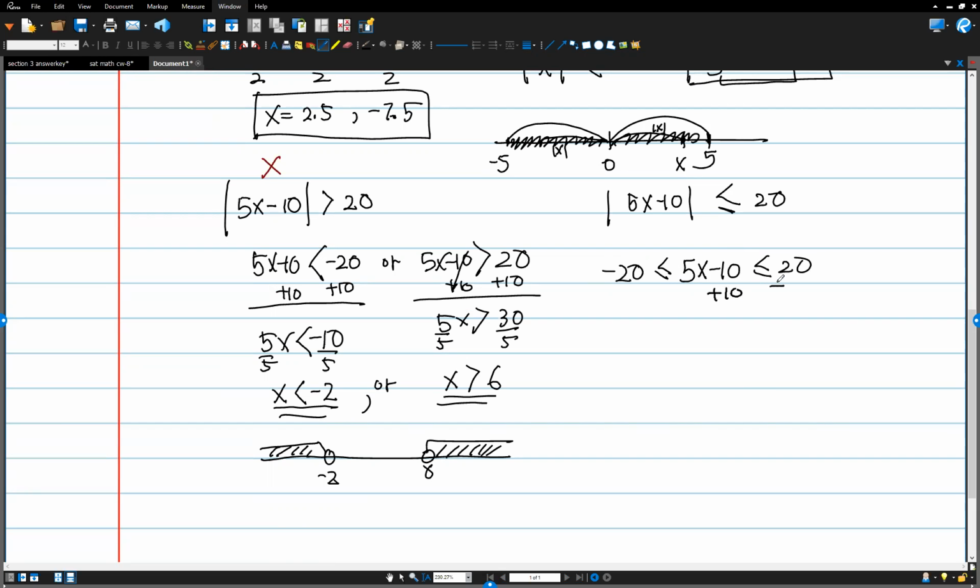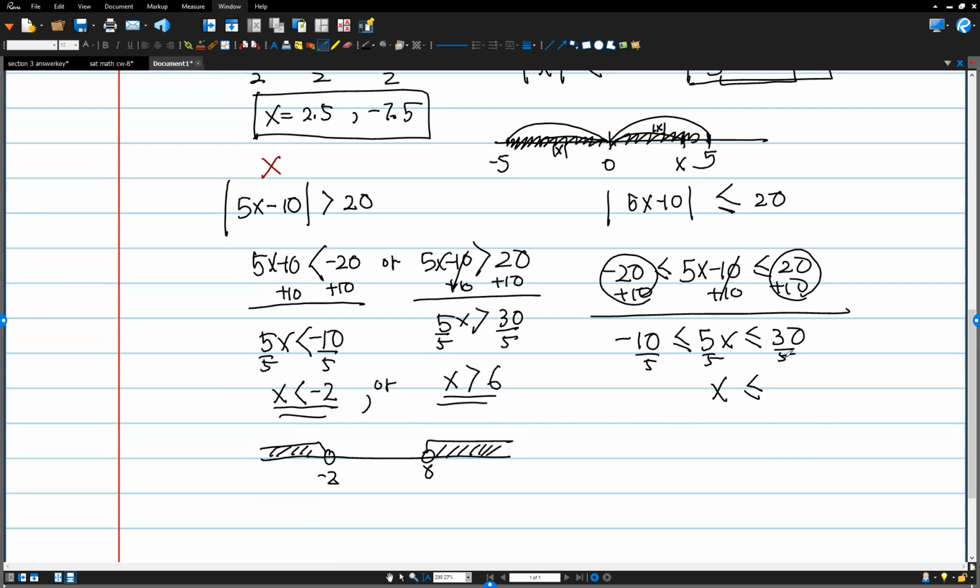Plus 10, plus 10, plus 10. So 5x is less than or equal to 20 plus 10, which is 30, and greater than or equal to negative 20 plus 10, which is negative 10, isn't it? After that, you can divide by 5 at the same time. 30 over 5 is 6, negative 10 over 5 is negative 2. Can you see that? A little bit different way.